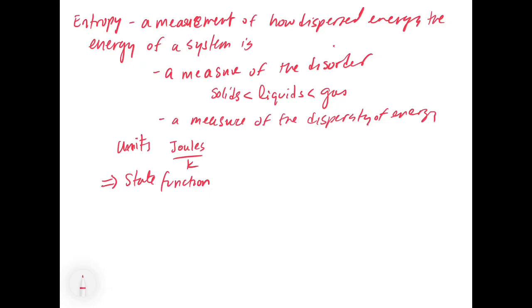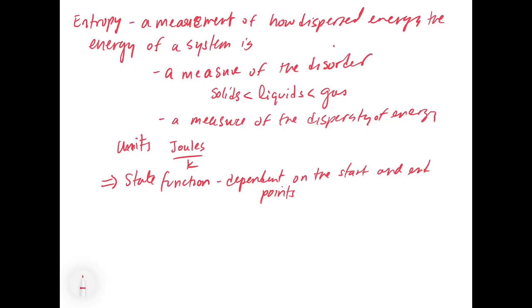Like enthalpy, entropy depends on where you start and where you end. So you can take a very circuitous route from point A to point B, but entropy only depends on the difference between where it starts at point A and where it ends at point B.